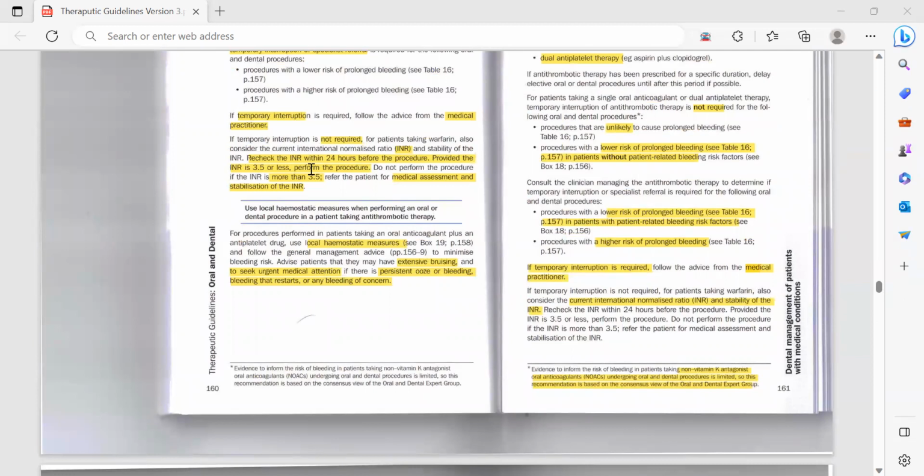And for all these patients, you also need to advise that there may be extensive bruising, and to seek urgent medical advice or attention if there is persistent ooze or bleeding, bleeding that restarts, or bleeding of concern.